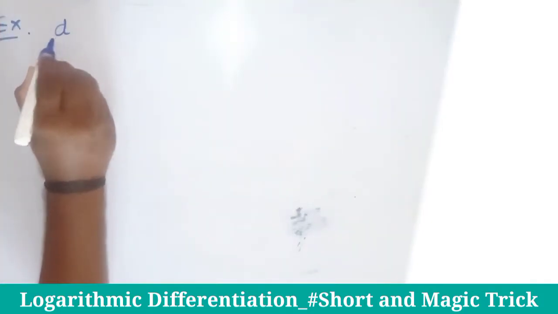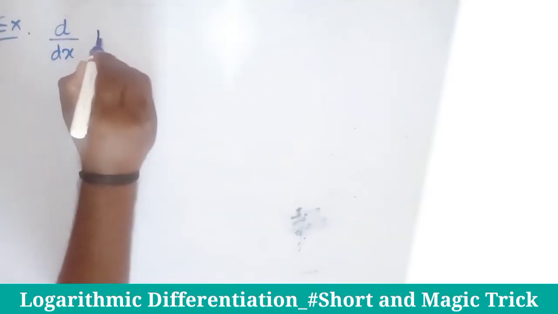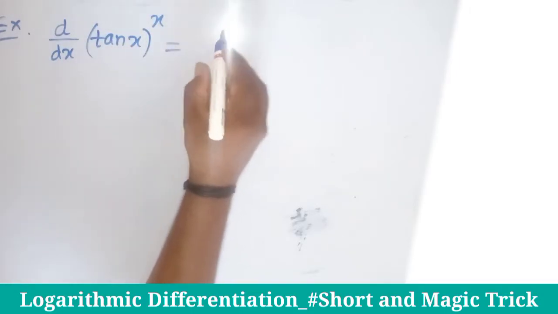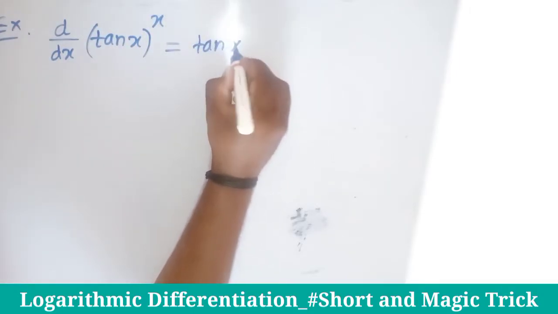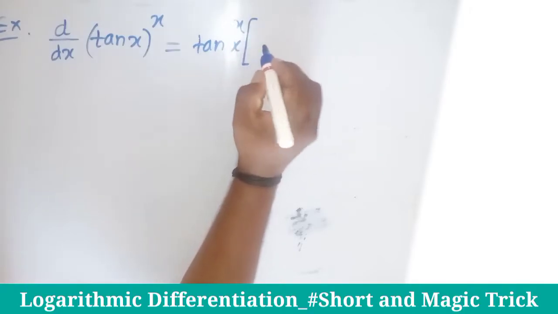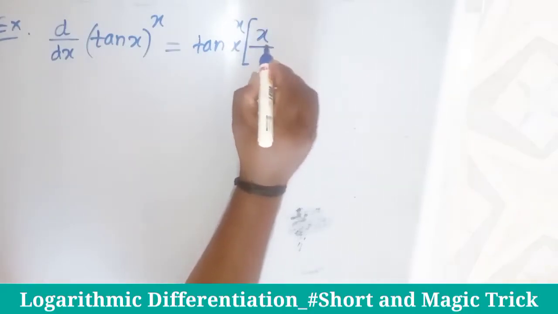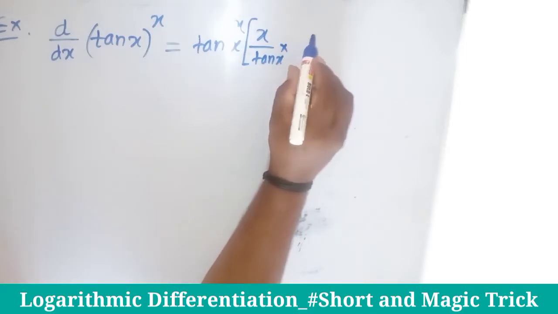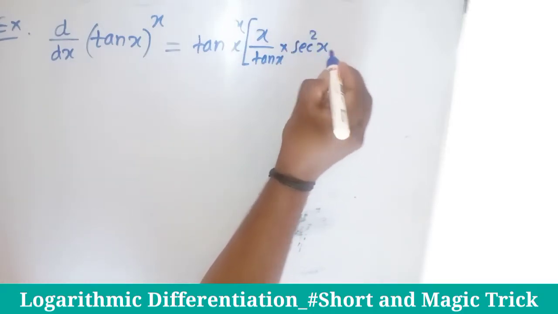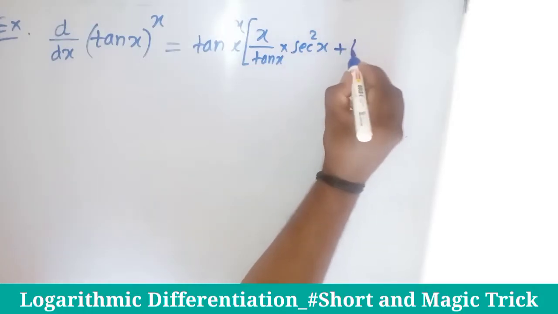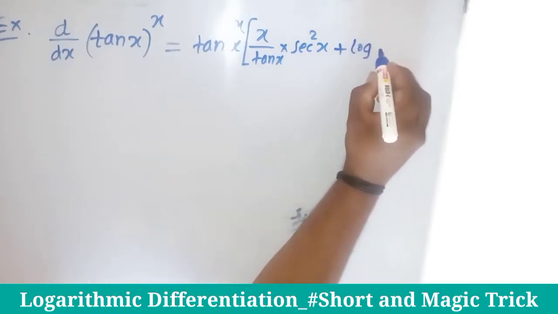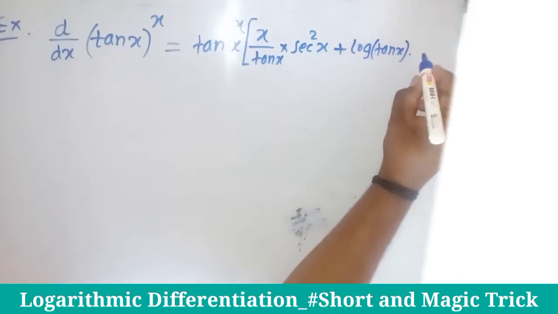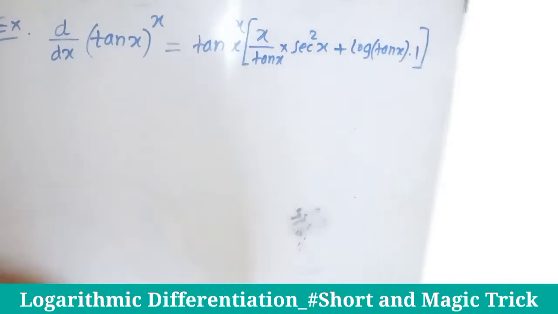d by dx of tan x to the power x equals tan x to the power x inside the bracket x upon tan x into the derivative of tan x, which is sec square x, plus log f of x, means log tan x, into the derivative of x, which is 1, bracket complete.